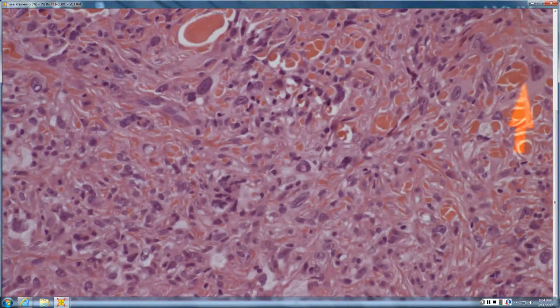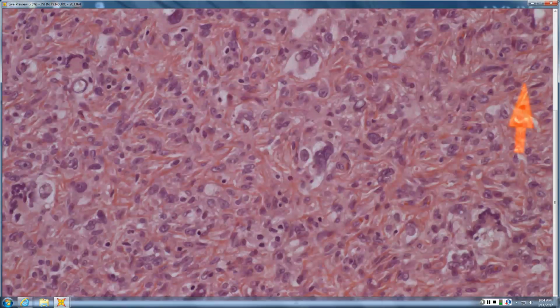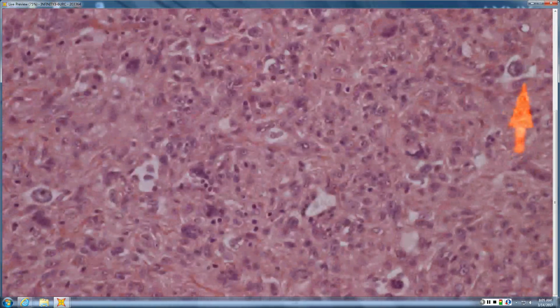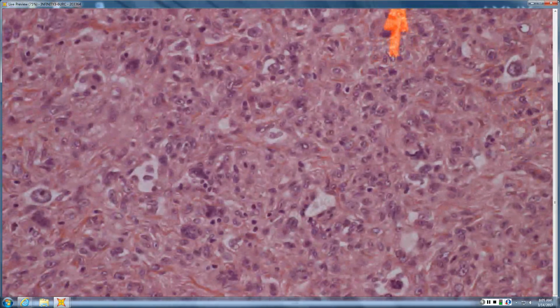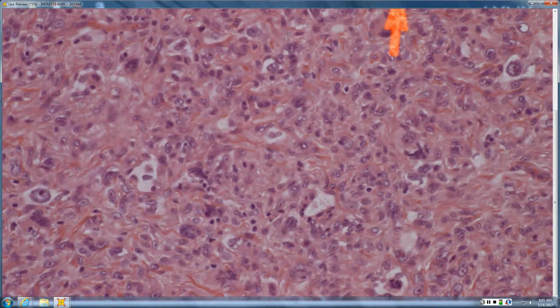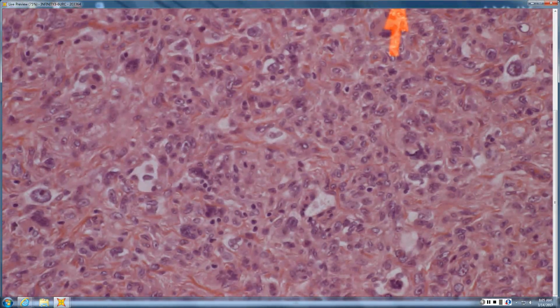So the point is that these big, monstrous nuclei don't make it malignant. They're very common in dermatofibroma. They mean nothing. So in DF, what's your most common differential diagnosis?